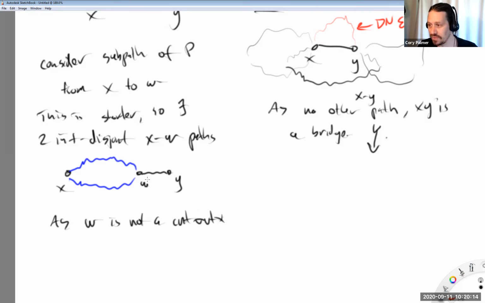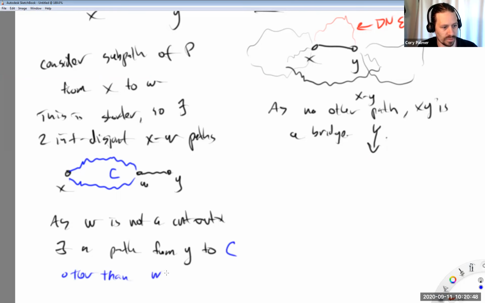This is not a special property of W. The graph has no cut vertices. So as W is not a cut vertex, there exists a path from Y to, let's name this blue thing here. These two blue paths together form a cycle C. Let's just call it C for now. So there exists a path from Y to C other than the edge WY.